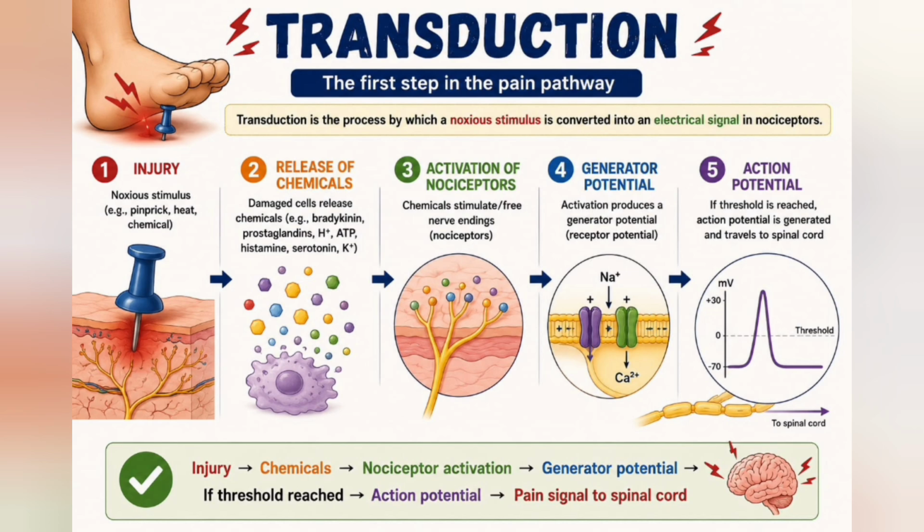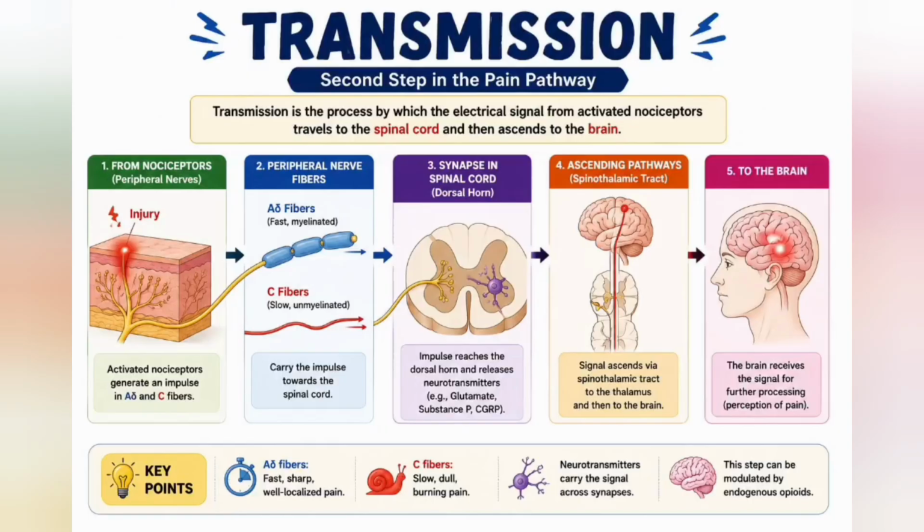The damaged cells release chemicals like bradykinin, prostaglandins, ATP, histamine, and serotonin. These chemicals stimulate the free nerve endings, that is the nociceptors, and there is generation of action potential in the nociceptors. Nociceptor activation takes place, and pain is transmitted to the spinal cord.